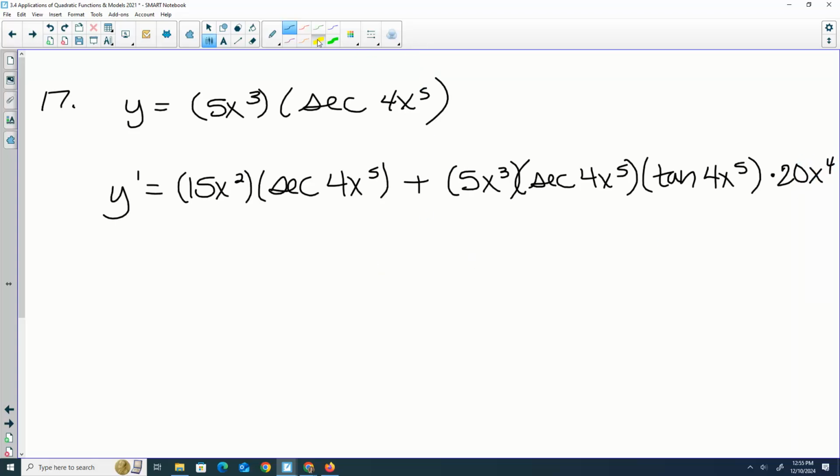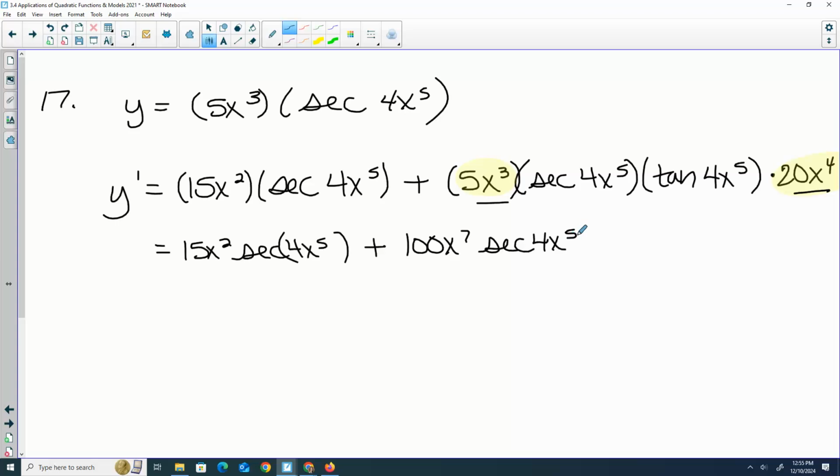As far as the simplifying on this one, I would prefer, if you have numbers multiplied together, we can do that. So we get 15x squared, secant of 4x to the fifth. You can write that in parentheses if you want to. It's not wrong if you don't. This would be 100x to the seventh, secant 4x to the fifth tangent.